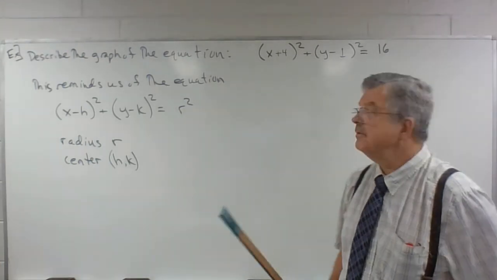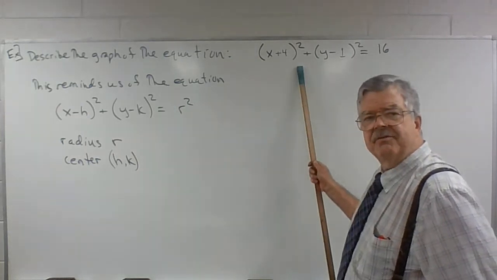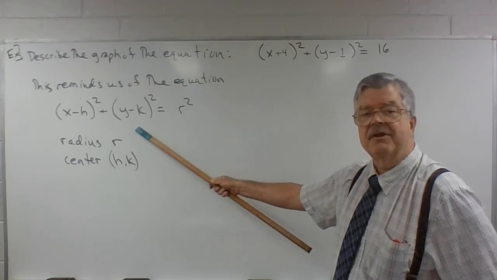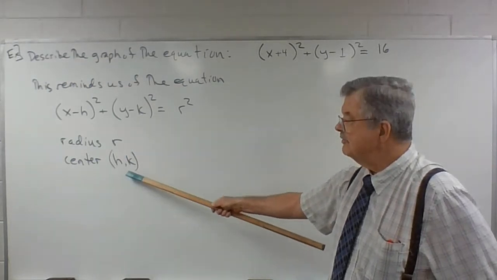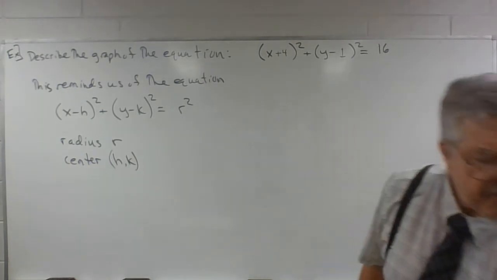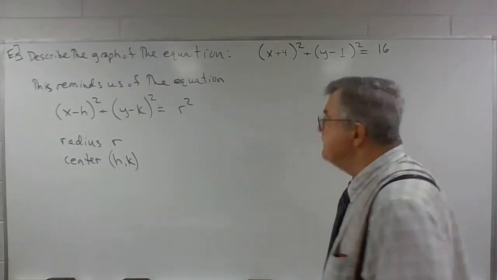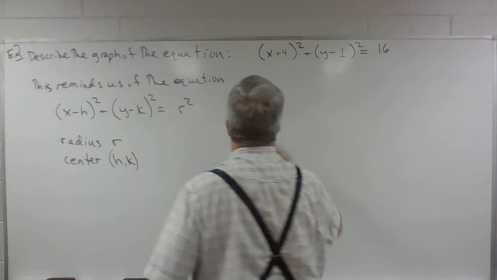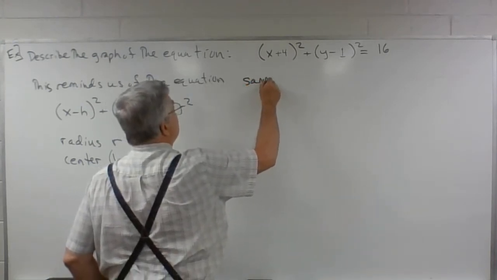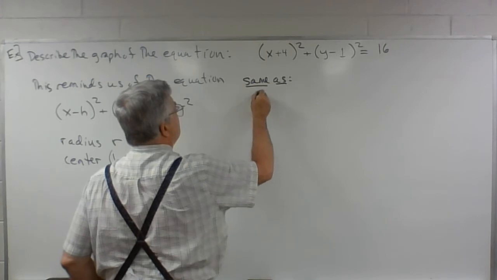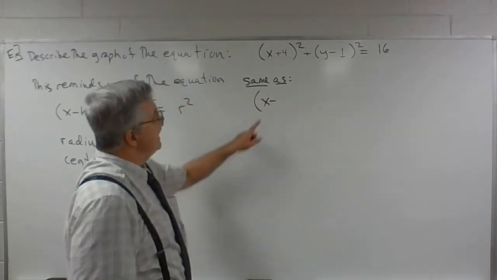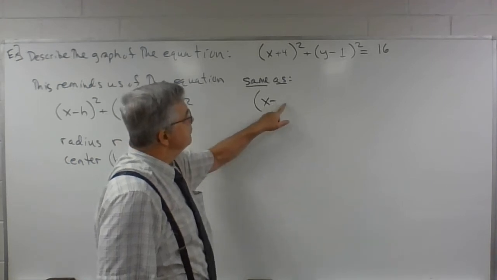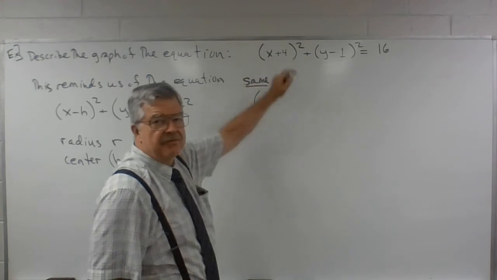Can I perhaps rewrite this so that it does fit the standard form of the equation of a circle of radius r and center (h, k)? I think I can. Somehow, I have to change that sign to a minus sign. So maybe this will work. There. I have x minus something here. x minus what is the same as x plus 4?